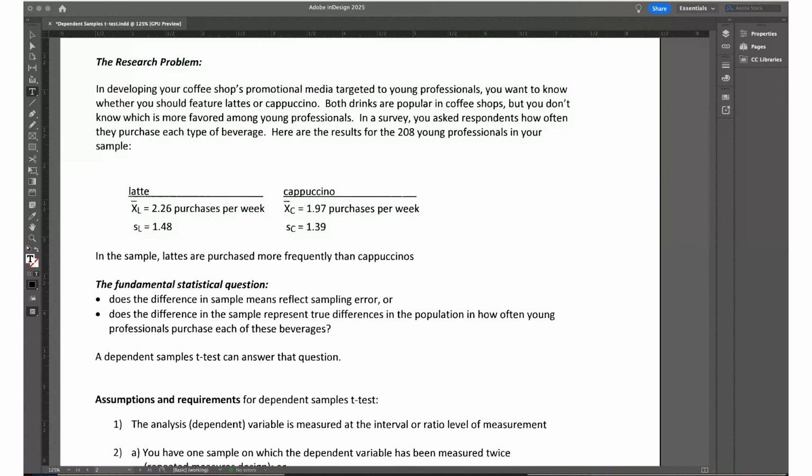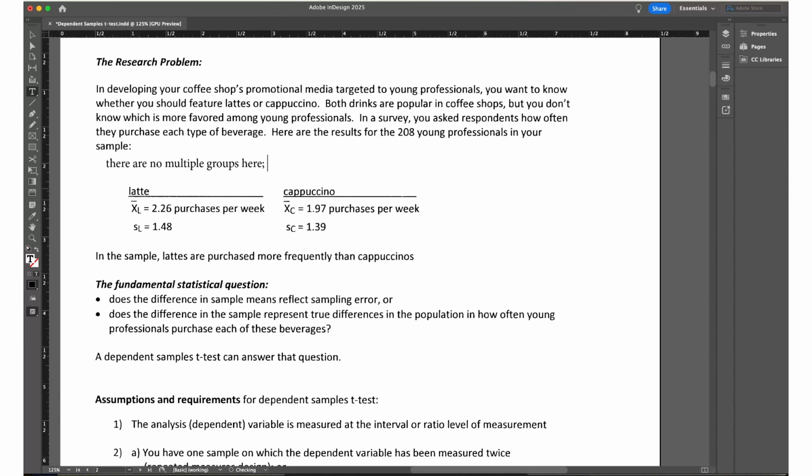Here are the results for the 208 young professionals in your sample. So we have the latte results here and then cappuccino. Now, one thing to note here is that there are no multiple groups.